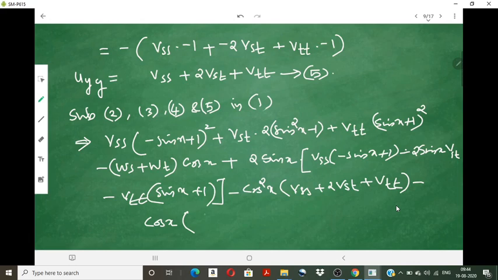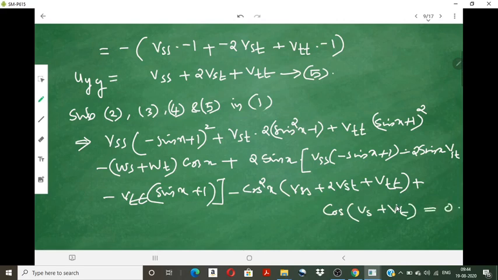Uy is minus Vs minus Vt, so minus into minus will become plus. So cos x into Vs plus Vt. Right side is equal to 0.